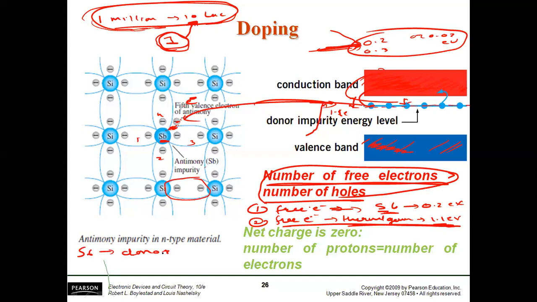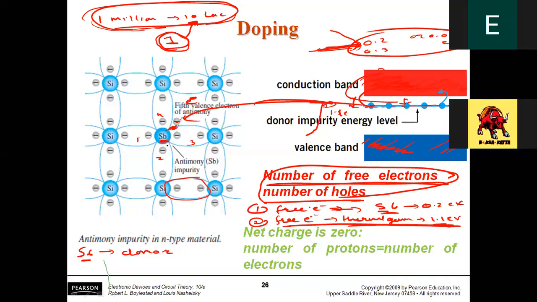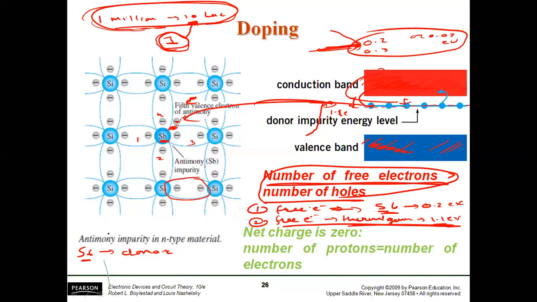It is donating its free electron. Once it donates this electron, there will be one proton more. At this point, the number of protons is equal to the number of electrons. But when this electron gets free, it will have one extra proton and it will have a plus charge. So please remember this.